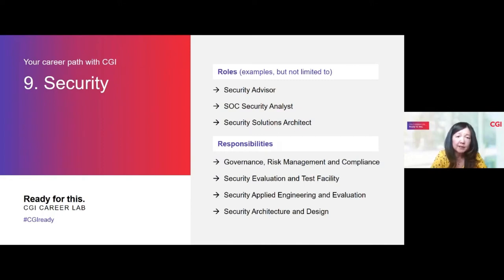Key responsibilities could include security evaluation and test facility, security applied engineering and evaluation, and of course, security architecture and design. A lot of these families have specific titles associated with the roles, and key responsibilities tucked under there as well.